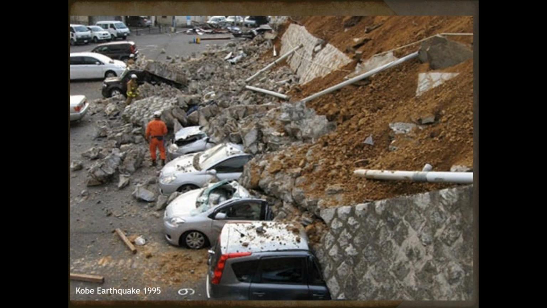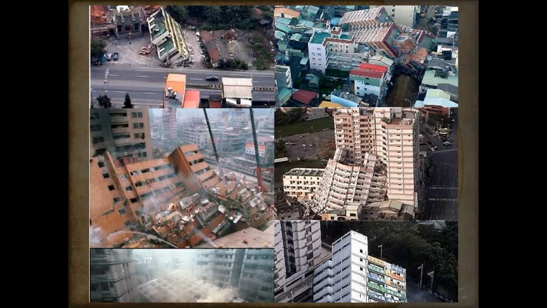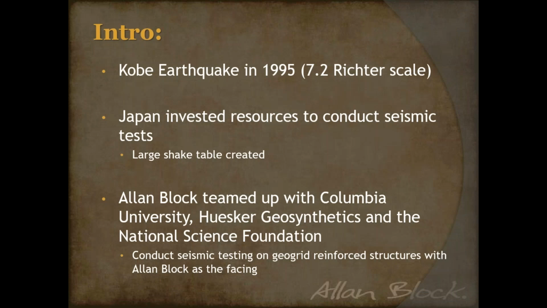I've got to start with our seismic testing. We did it over in Japan. Why Japan? Well, in 1995, the Kobe earthquake hit in January, and obviously major devastation for that country. So much so that they invested a lot of time and resources into seismic analysis and seismic designs. They spent the money and created a large shake table.